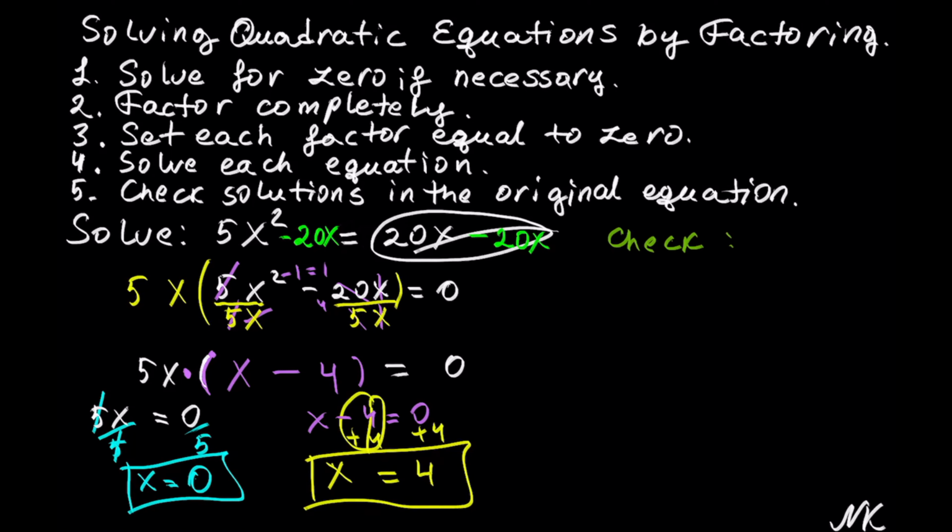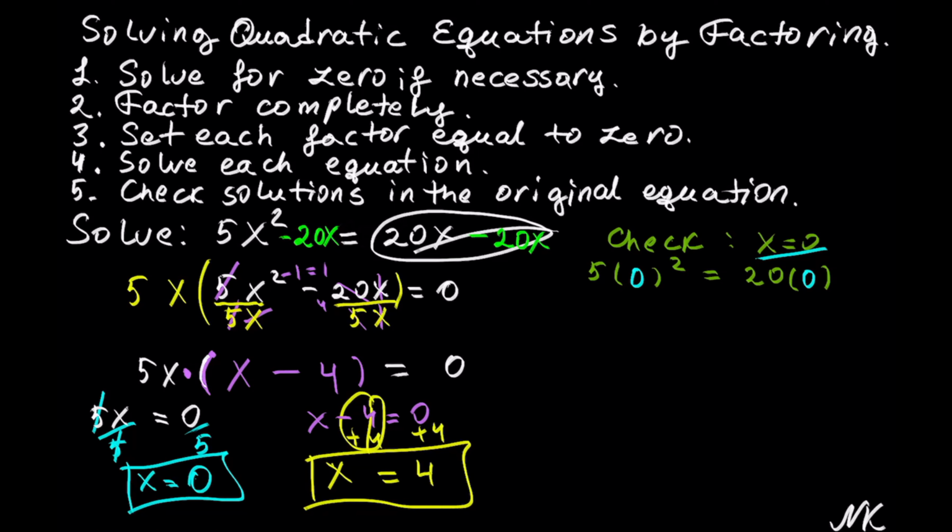So first, let's check x equals 0 by plugging it into 5x squared equals 20x. And instead of x, we use 0, so let's substitute 0 inside of x squared and 0 instead of x.